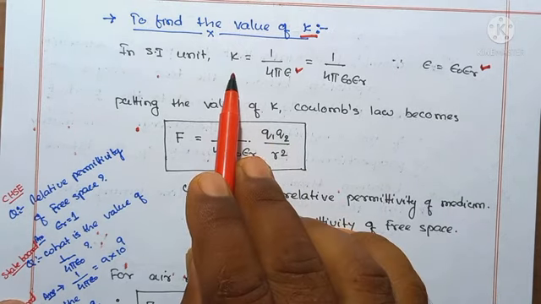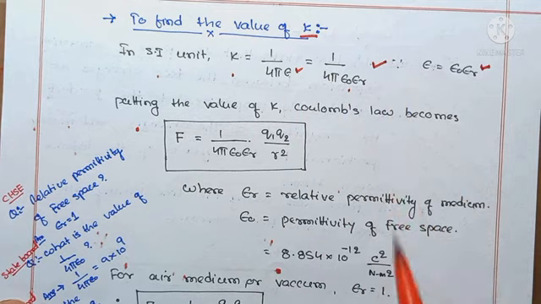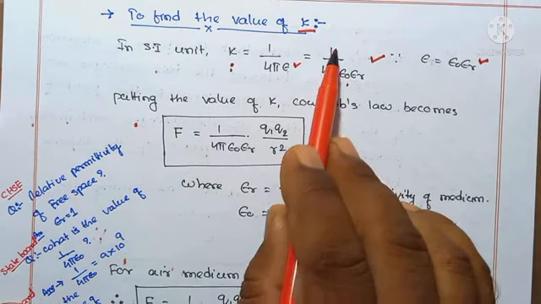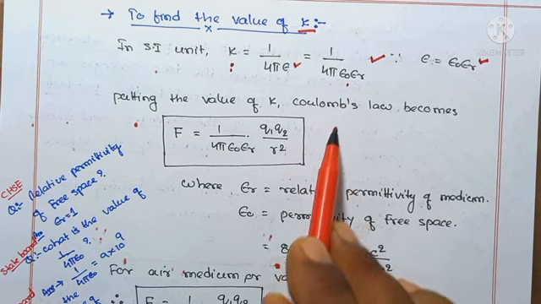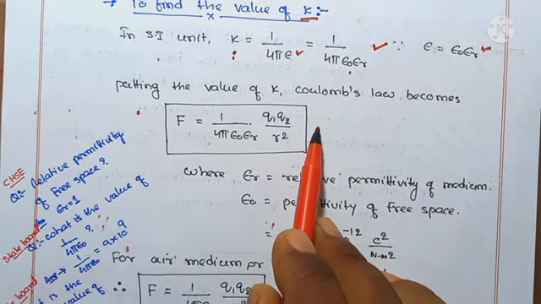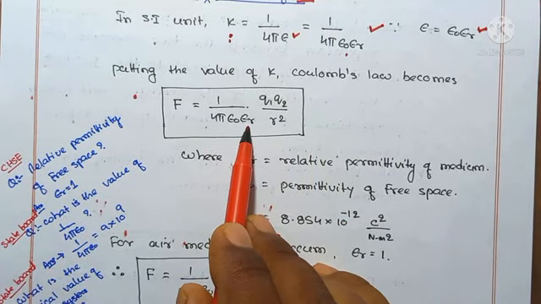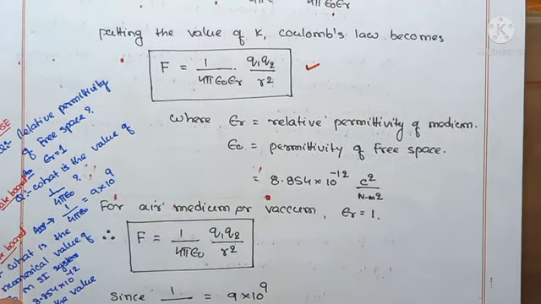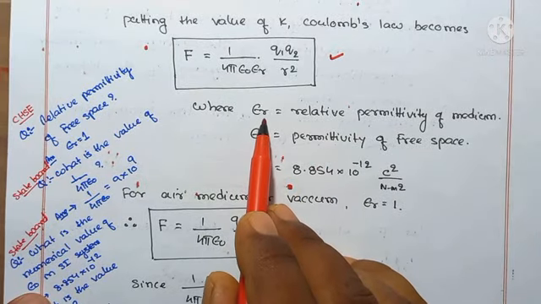Therefore, K is equal to 1 by 4 pi epsilon 0 epsilon r. Now, putting the value of K, 1 by 4 pi epsilon 0 epsilon r, in Coulomb's equation, we will get F is equal to 1 by 4 pi epsilon 0 epsilon r Q1 Q2 by r square. So, what is epsilon r?